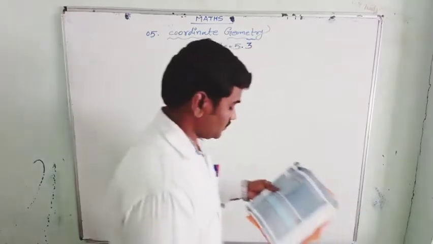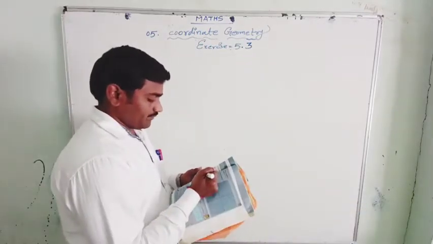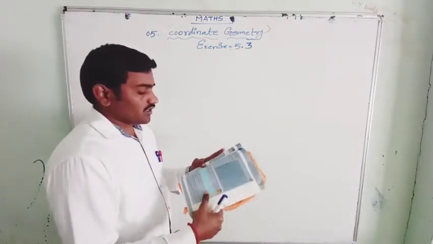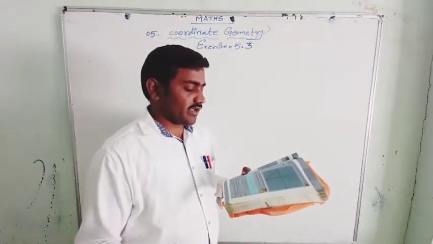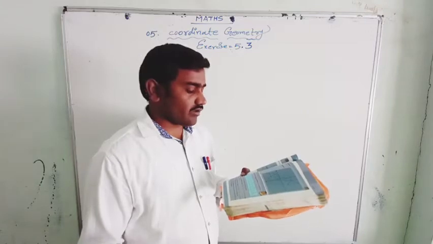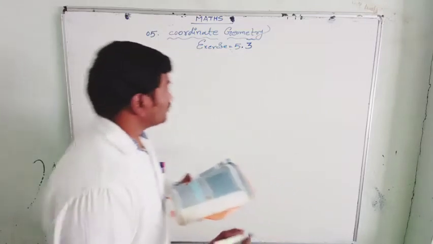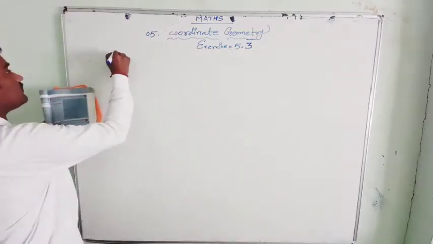And here the first question, see that: plot the following points in a Cartesian plane whose x, y coordinates are given. So they have given a box here, first to it.